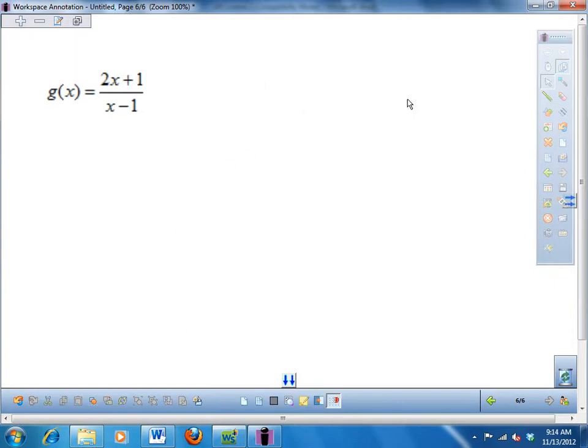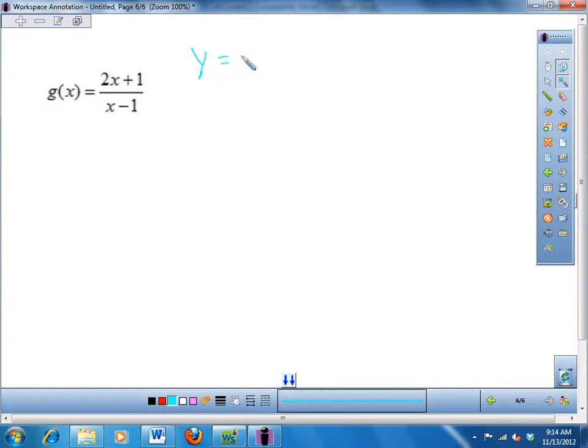So to do this, you do the same process, but what happens is you kind of get stuck. y equals 2x plus 1 over x minus 1. And then what I'm going to do is switch the x's and y's.